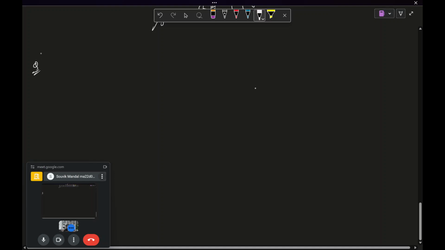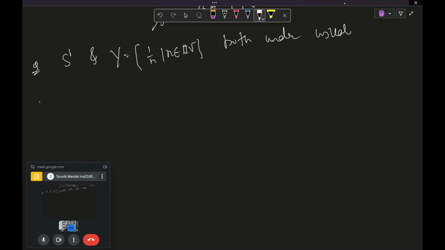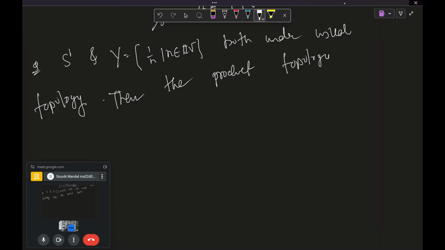So yeah, the next question is the following. Consider the unit circle S1 and put y equal to 1 by n, and consider the product.